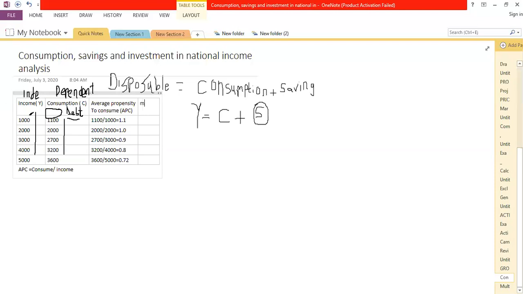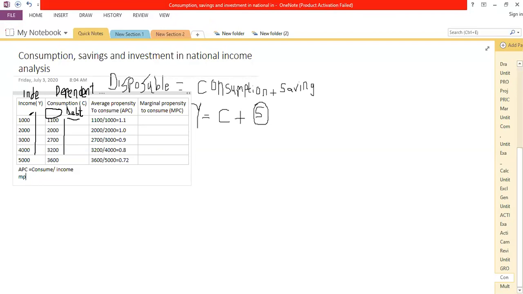Let's evaluate what we call the marginal propensity to consume. And this is a very important concept, marginal propensity to consume, and I'll abbreviate this one as the MPC. Marginal propensity to consume is computed as what?